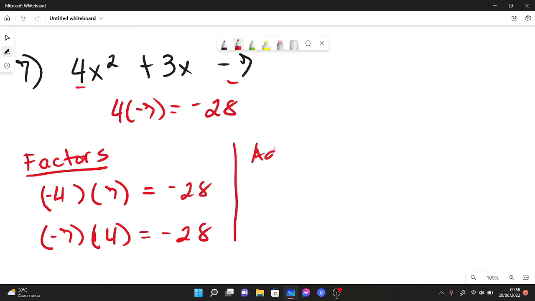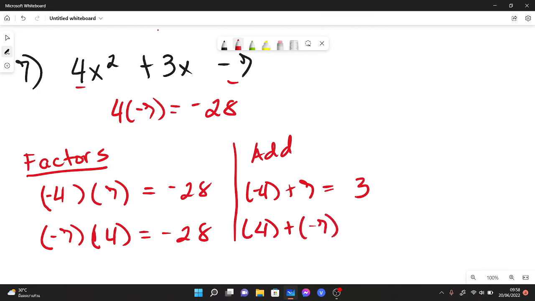Now let us apply addition. Negative 4 plus 7 is positive 3, and positive 4 plus negative 7 is negative 3. Since our second term is positive 3, we will use negative 4 and positive 7.